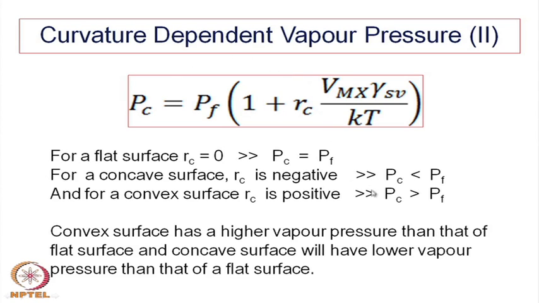Convex surfaces have a higher vapor pressure than the flat surface, and concave surfaces have a lower vapor pressure. So without changing the temperature, the concentration, the impurity content or the composition of the material, just by changing the curvature of the particle surface, the particles will have a different vapor pressure at different points.